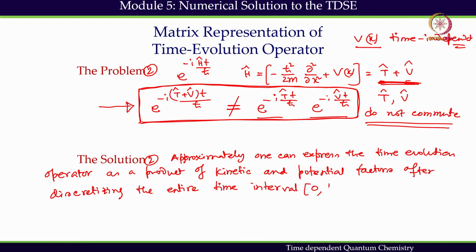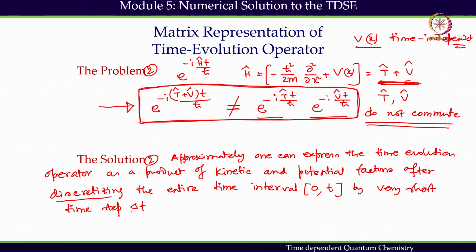Let us say the time interval for which we are looking at the dynamics of the quantum system is 0 to t. It is starting at t equals 0 and it is ending at t equals t, at any time t. But this interval has to be discretized by a very short time step delta t.